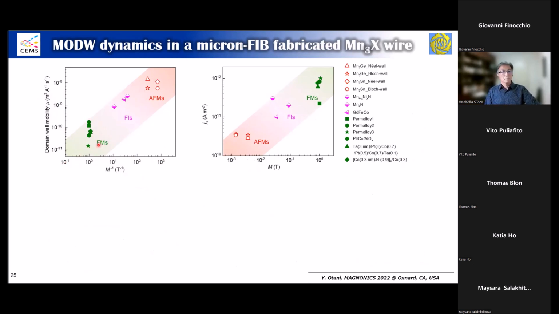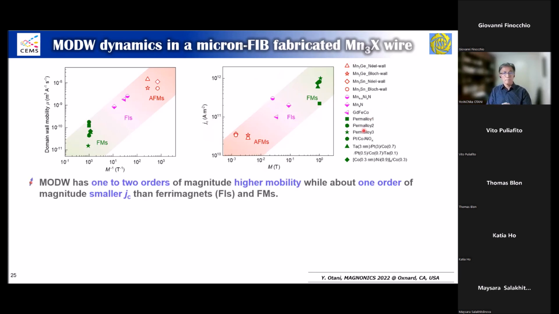This one is a ferromagnet, this one is a ferrimagnet. Also we mixed in all the SOT measurements as well. But the tendency is that domain wall speed is much faster than in any other magnetic materials in terms of domain wall mobility. And also JC, the critical current density necessary to drive the domain wall, is very small compared with other materials. That's what I'd like to mention.